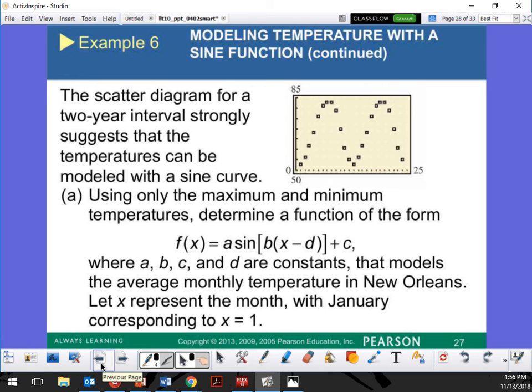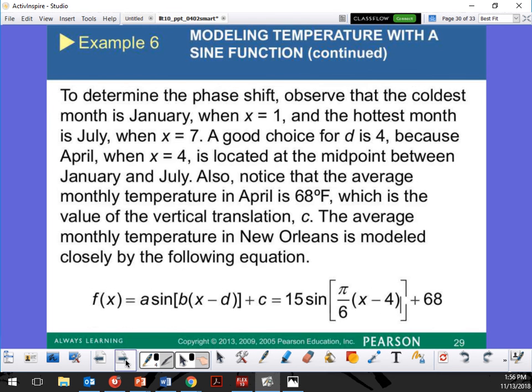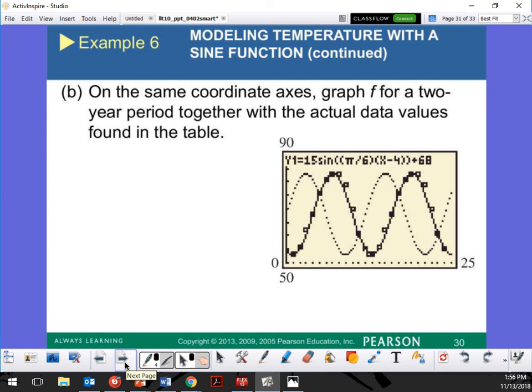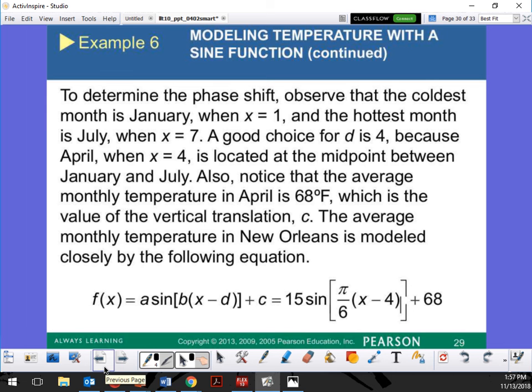Amplitude is A. So you're just going to plug in everything that you have here, which we had 15 as my amplitude. There is my B value, there's my argument, and there's my vertical shift. You're going to have one of these on the homework. That's all you have to do, just plug it in.